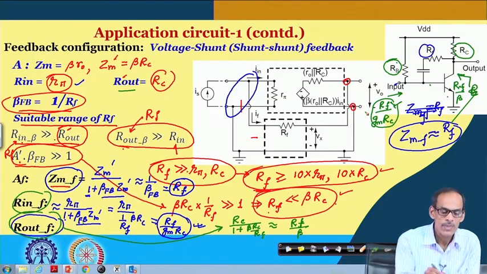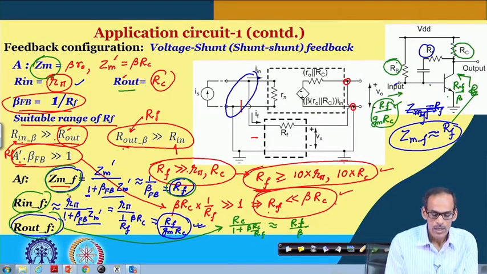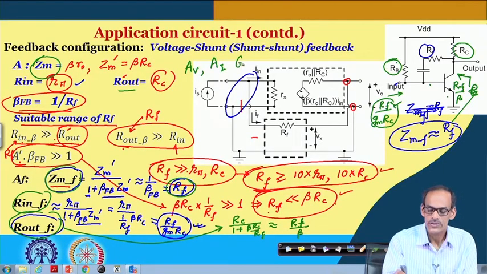Here what we said is Zm is changing from beta into RC to this RF, and we would like to see what other changes are also happening on the other parameters, namely voltage gain, current gain, and transconductance.